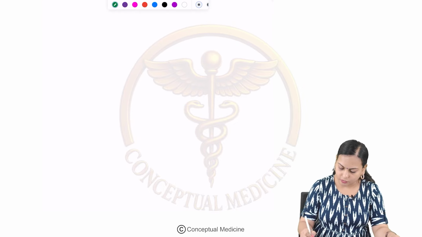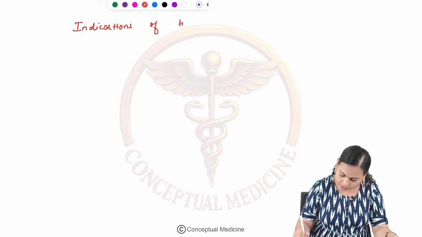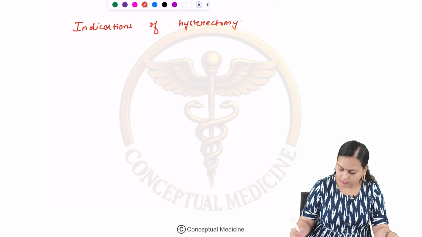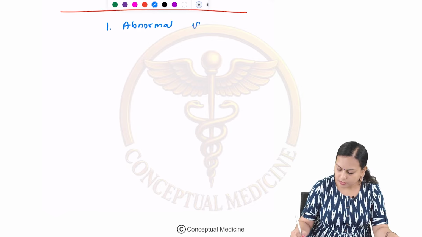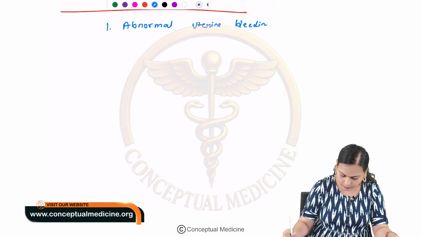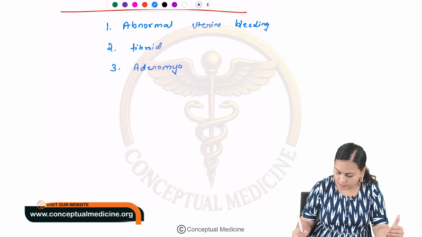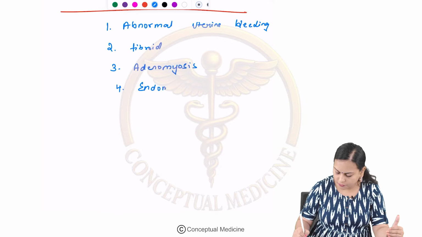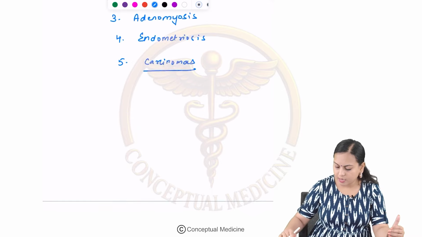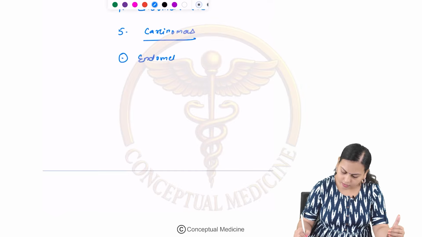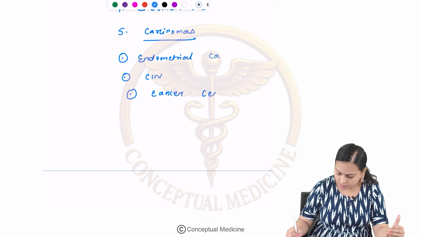Now let's discuss the indications of doing hysterectomy. So indications of hysterectomy will include abnormal uterine bleeding, or a fibroid uterus, even in adenomyosis or endometriosis, and even in carcinomas, say an endometrial carcinoma or cervical intraepithelial neoplasia or cancer cervix.